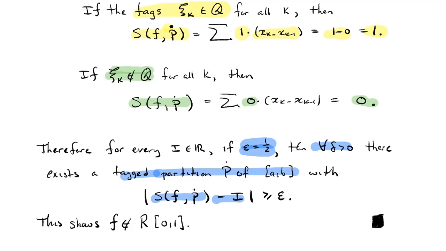I'm going to leave the details to you there, but for example, if the number I was bigger than or equal to 1/2 in absolute value, then I would use those irrational tags because I'd have a 0 here and I would get that that difference is bigger than 1/2. If I were less than 1/2 in absolute value, I'd use the rational tags, and then 1 minus I is going to be greater than or equal to 1/2.